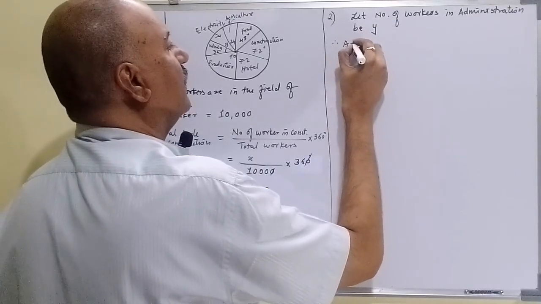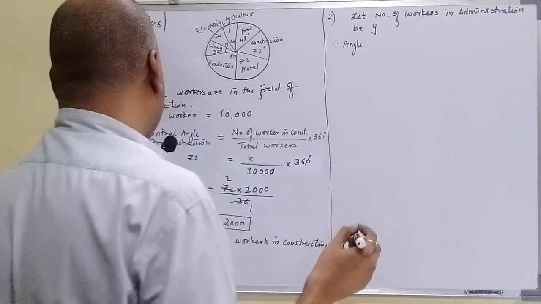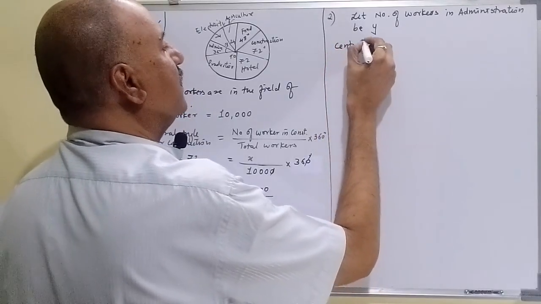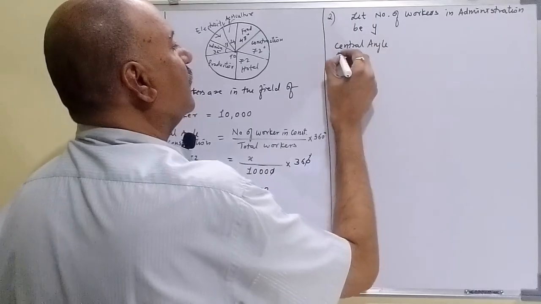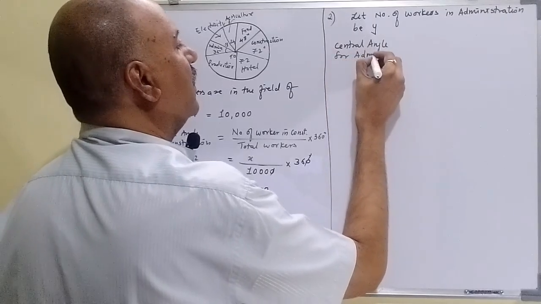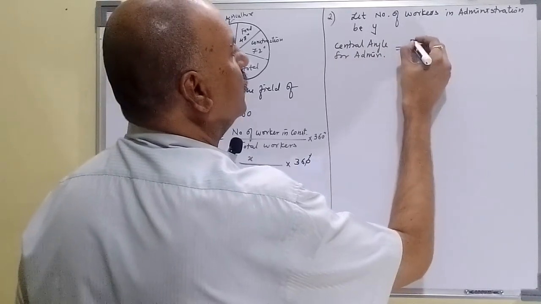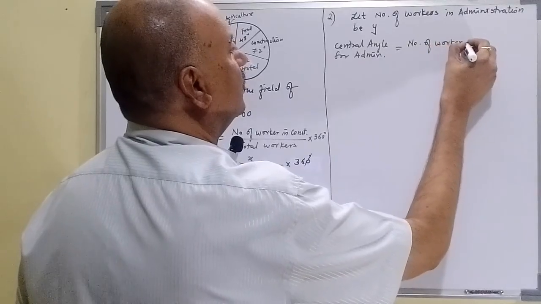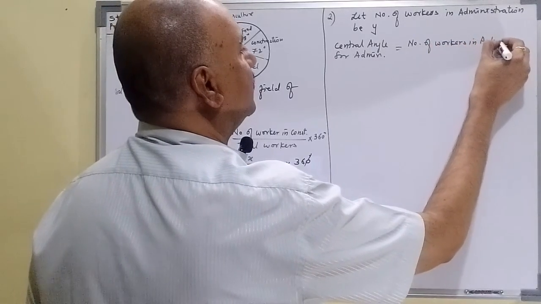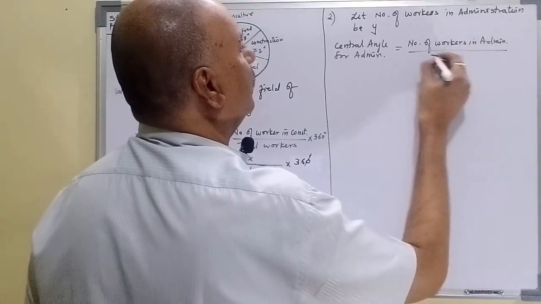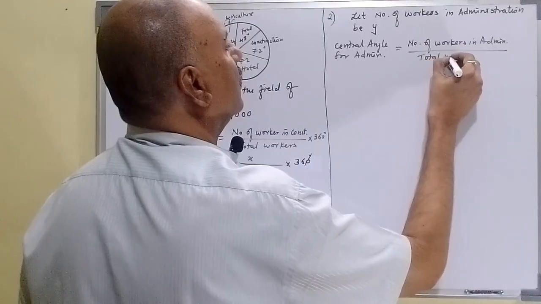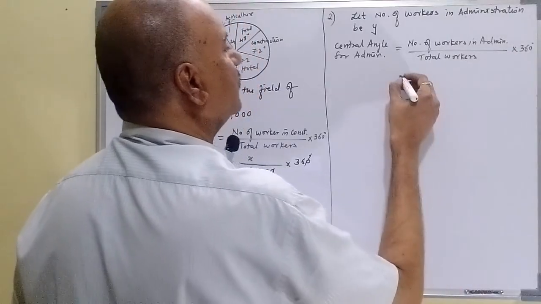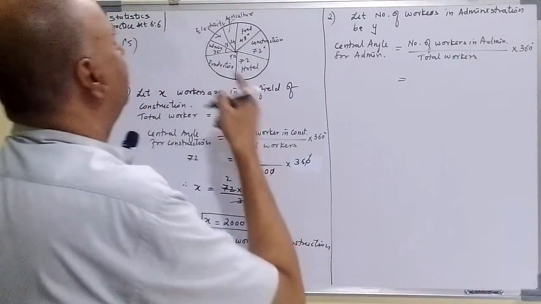Therefore, central angle for administration equal to number of workers in administration upon total workers into 360 degrees. तो ये कितना एंगल है? 36 degrees.